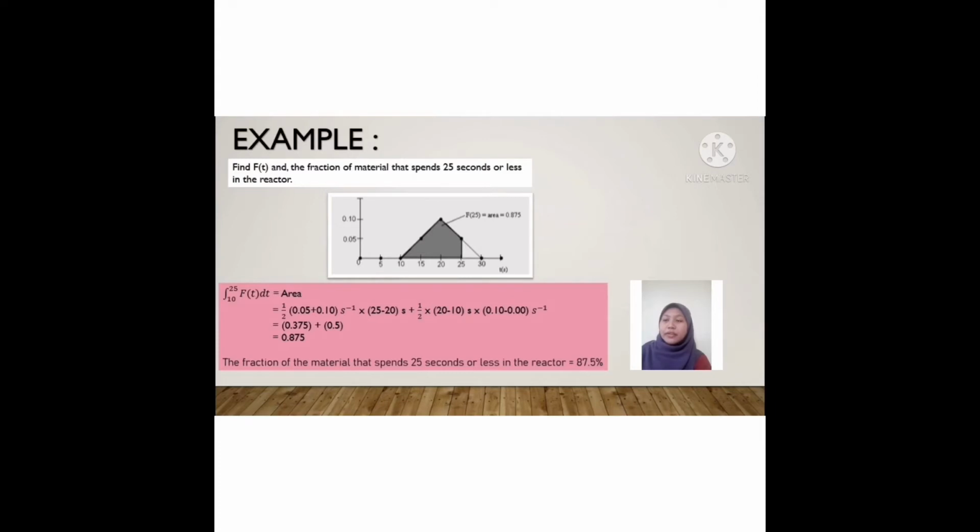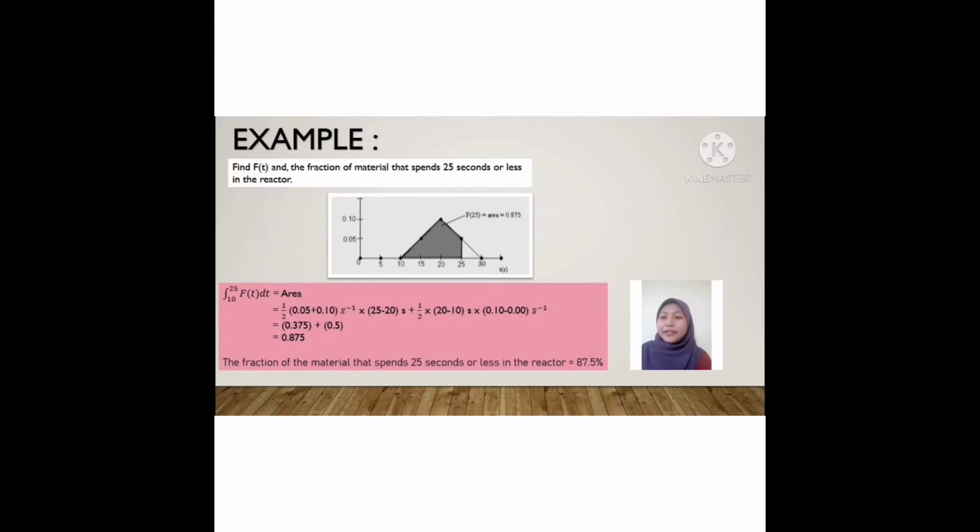For the area of trapezium, we can get 0.375 and the area of triangle is 0.5. So the total of the area is 0.375 plus 0.5, we can get 0.875. So the cumulative distribution function F(t) that spans 25 seconds, F(25), is 0.875.